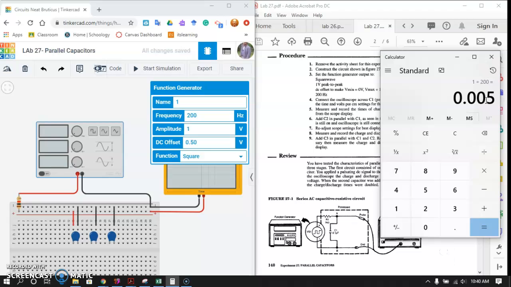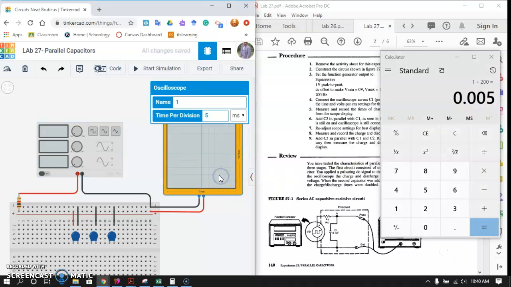So if there's 5 milliseconds for one cycle, we'll go ahead and right now we'll set our time per division at 5 milliseconds. That should capture one full cycle in one of these squares on the oscilloscope.